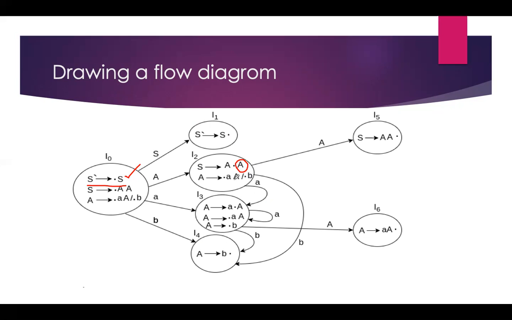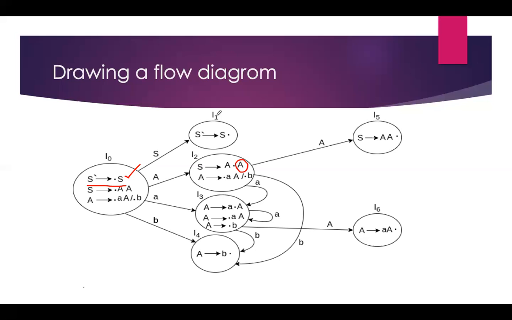After the dot it is a terminal, and after the dot it is a terminal. If it is a terminal, there is no expansion. Only if it is a non-terminal, the rules of that particular non-terminal we need to include, with dot. So here this A also completed, this is I2. Here these are different rules from I1, so we need to give one more state name, that is I2.